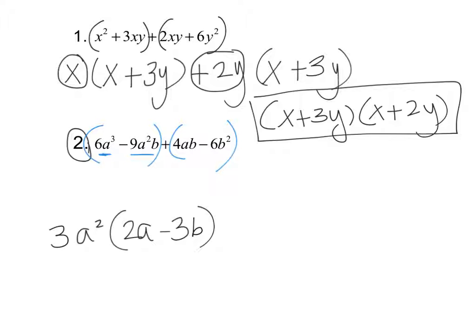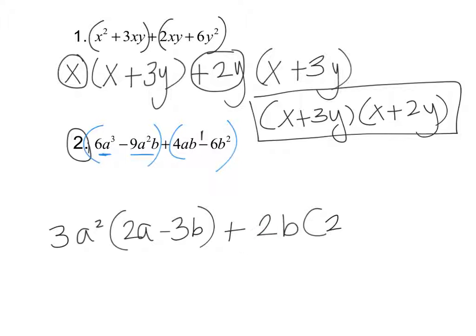Now let's move on to the next term. So we have a plus. Now, what's in common between the 4 and the 6? That's a 2. Now this one has an a, but this one does not, so there's no a in common. This has a b, this has a b squared. So b to the 1 is the least power, so I have a b in common. Now 4 divided by 2, that's a 2.